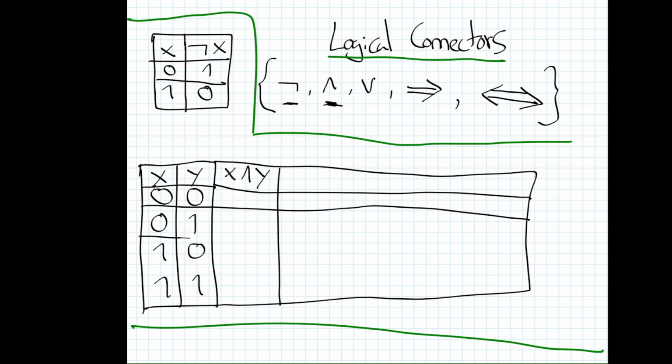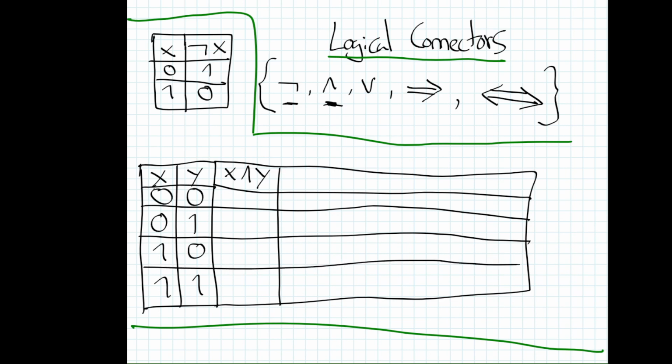Well, let's define the conjunction to understand its behavior. The conjunction returns a true or positive or 1 value for the case where both of them are true.